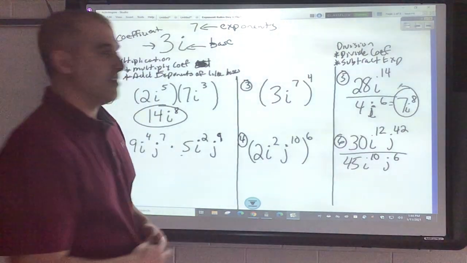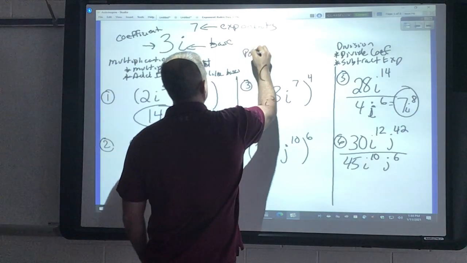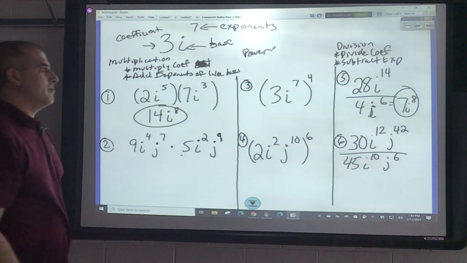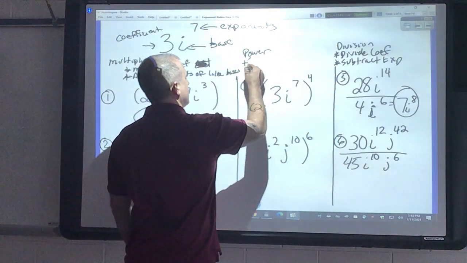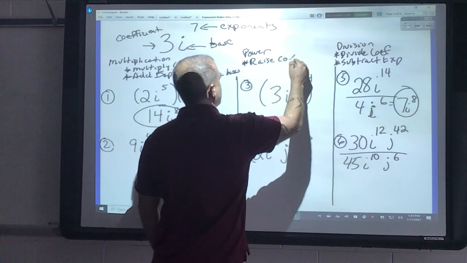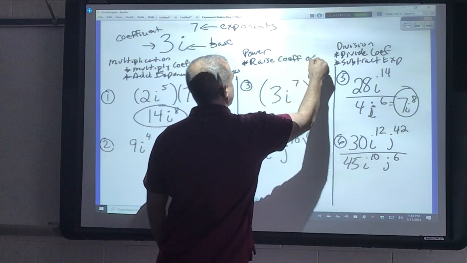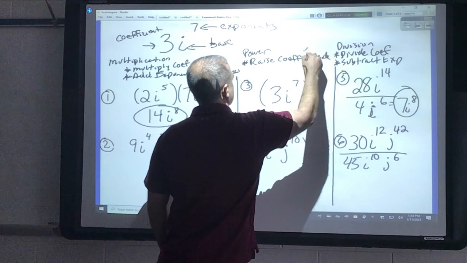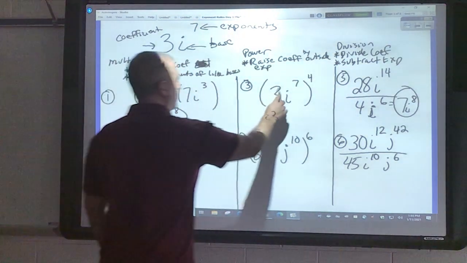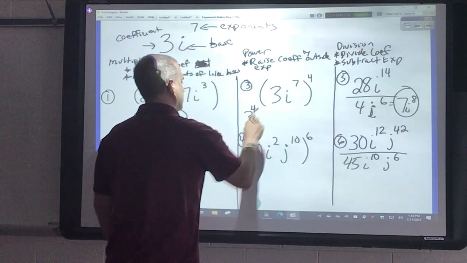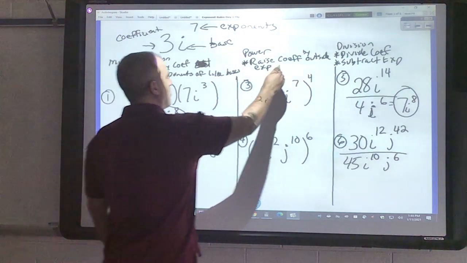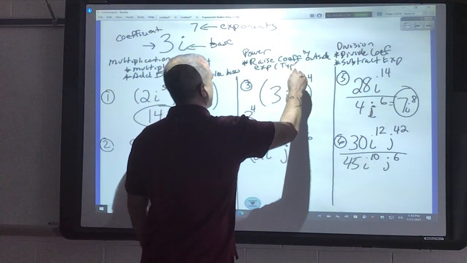The middle one, this is the power rule. What you do is you raise your coefficient by the outside exponent. So this becomes 3 to the 4th power. What we want to do is type that in the calculator.